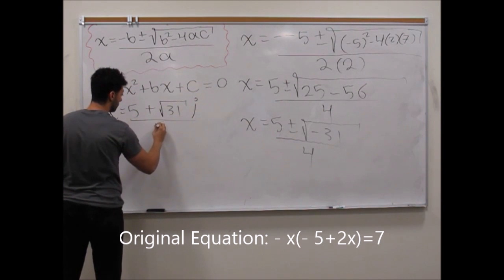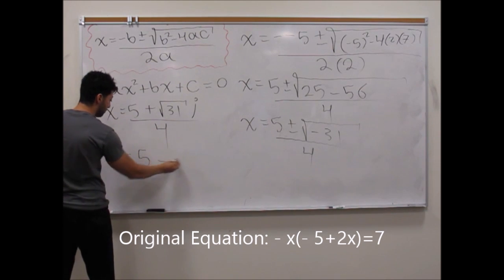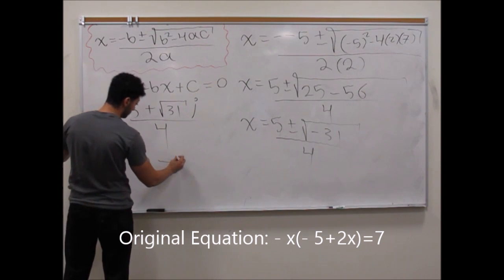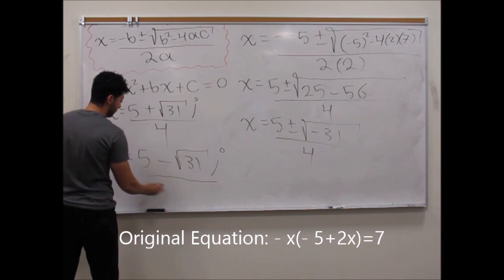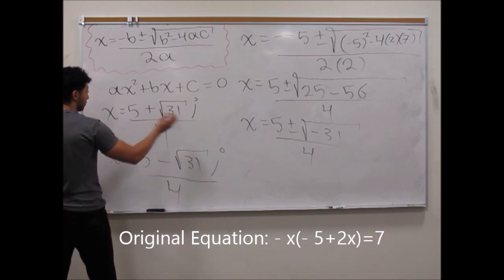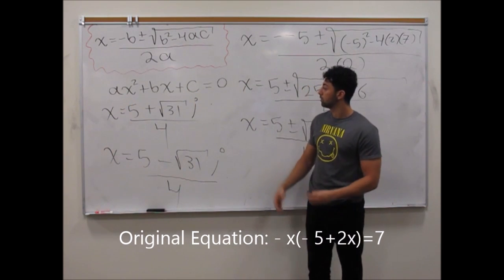This is all over 4. Then you get that x is equal to 5, but minus now the square root of 31 i all over 4. So these two were the solutions.